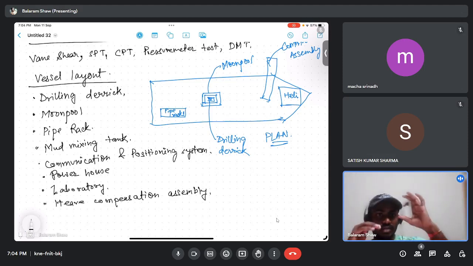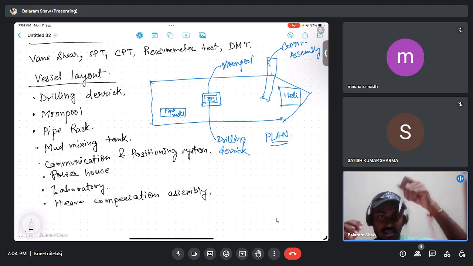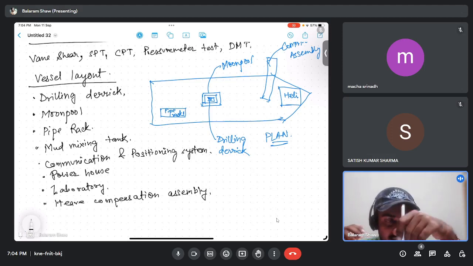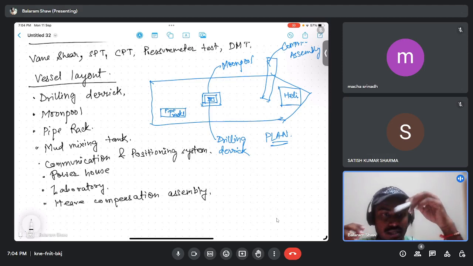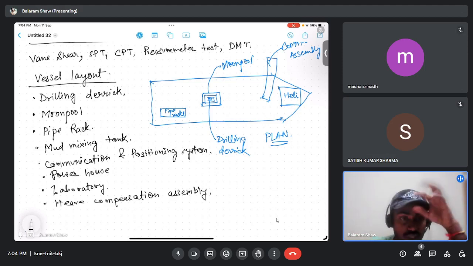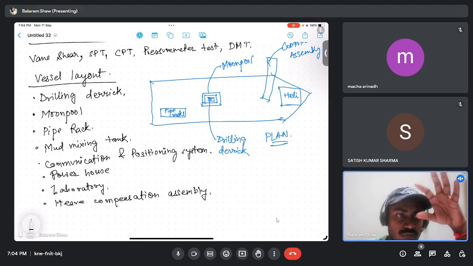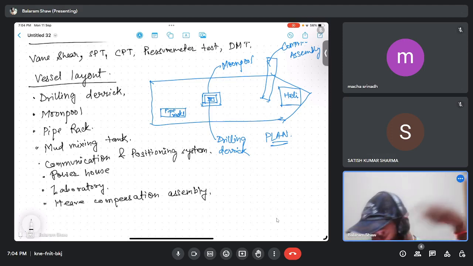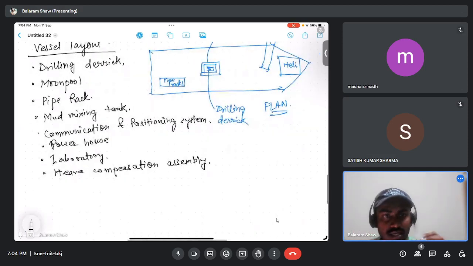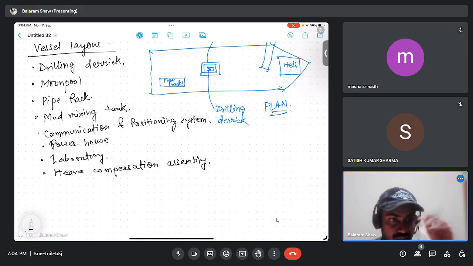Let us say we have a ship and that drilling cable, so there will be a relative movement. To ensure this, we have this heave compensation assembly, which will compensate if there is any relative movement between the ship and the drilling cable.